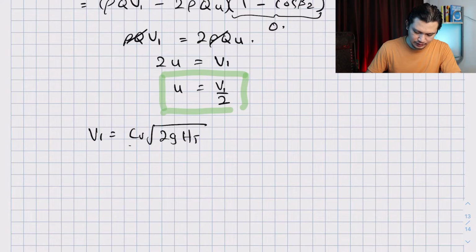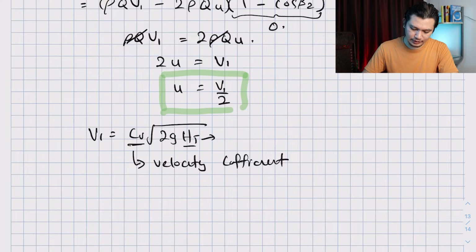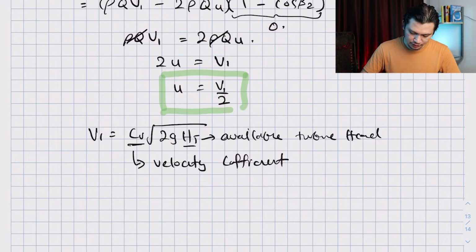And what is CV? CV is called the velocity coefficient, and HT is the available turbine head. The value for this velocity coefficient is usually between 0.98 and 0.92.